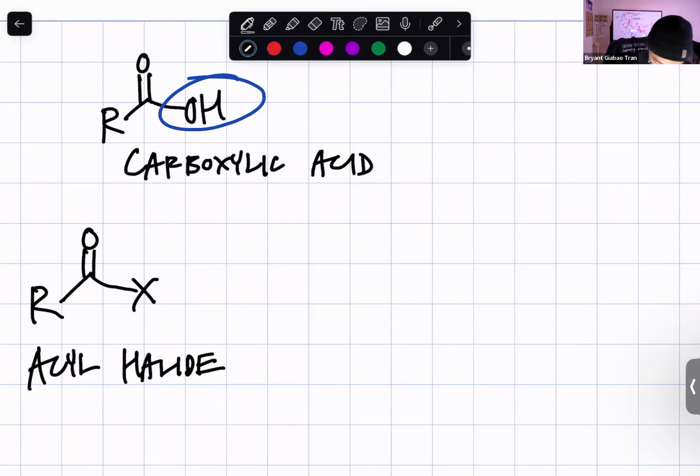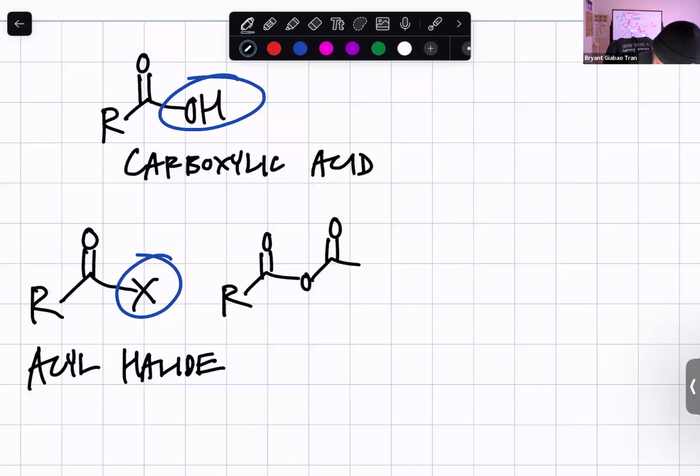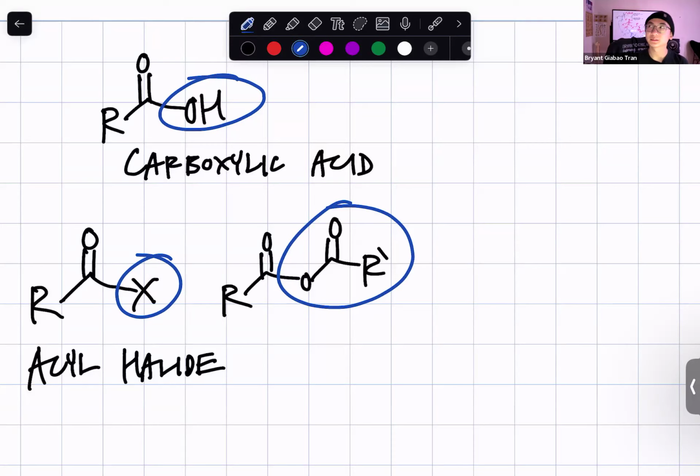The other group that you will see is anhydride, where that group is going to be like an acetate group, right? Like a carbonyl with an oxygen like that, with another R group. Think of it like combining two carboxylic acids together.